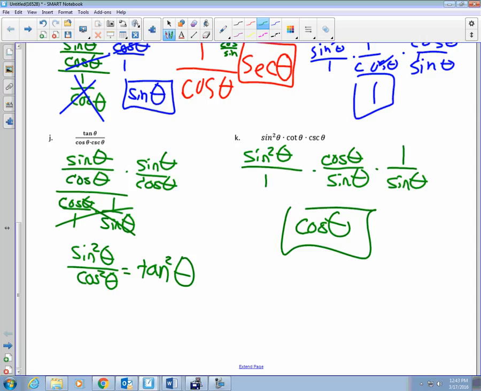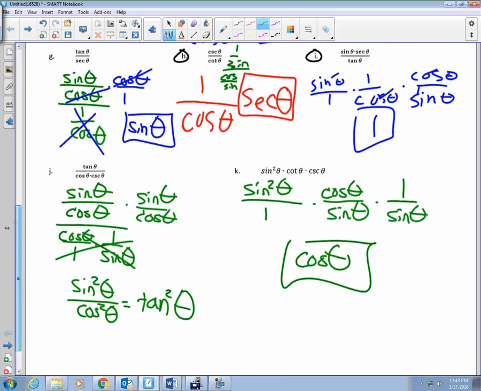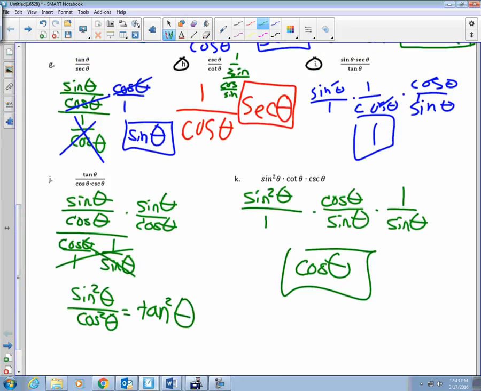So here, divided by sine of theta over cosine of theta, instead of dividing by sine over cosine, they multiply by the reciprocal, and that's what they came up with.